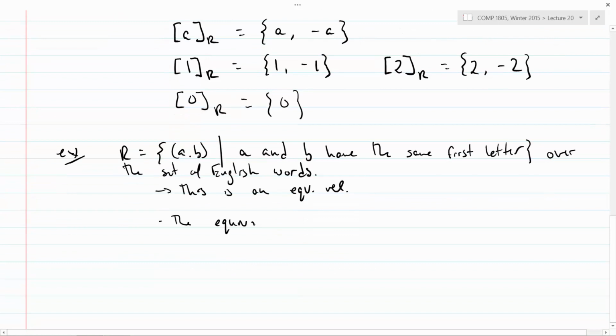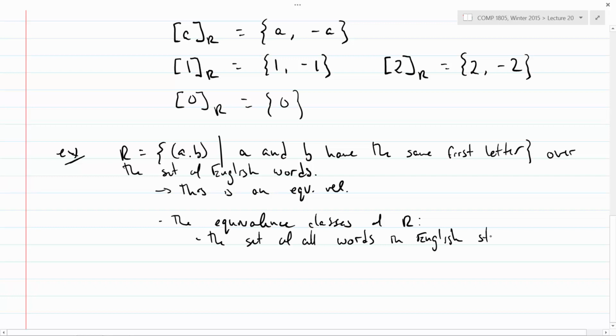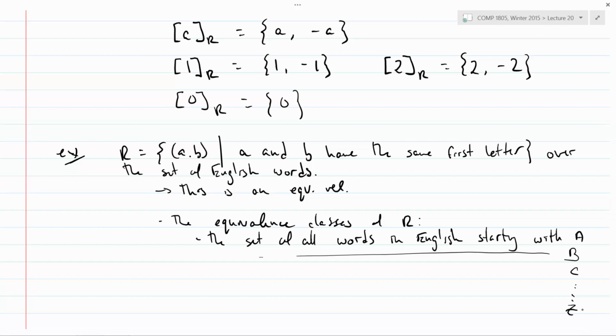So the equivalence classes of R are, well, one is the set of all words in English starting with A, and then the same thing starting with B, C, all the way down. So there are 26 equivalence classes here, assuming we ignore upper and lower case.